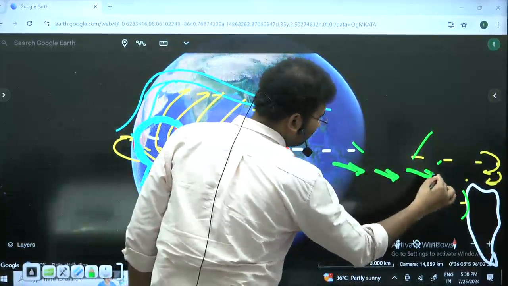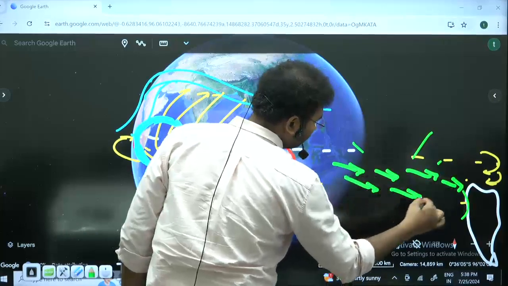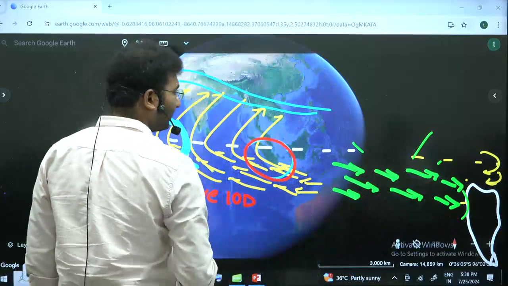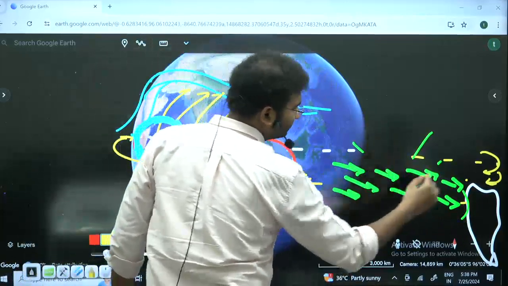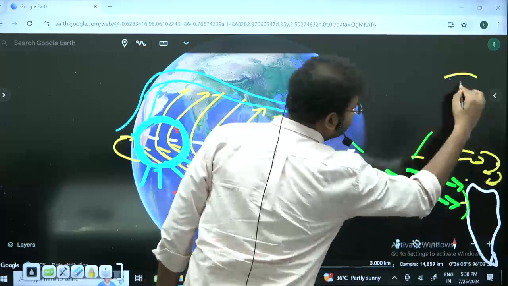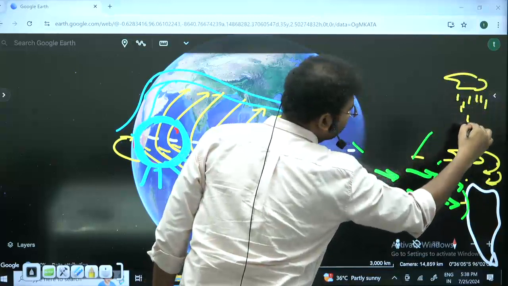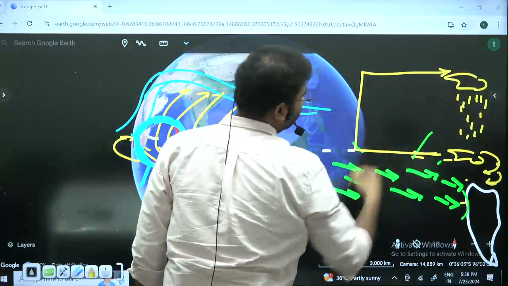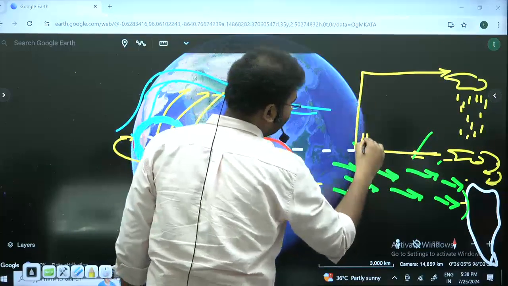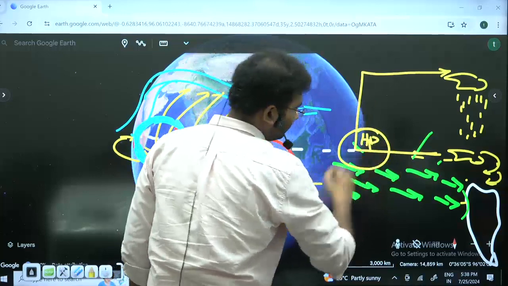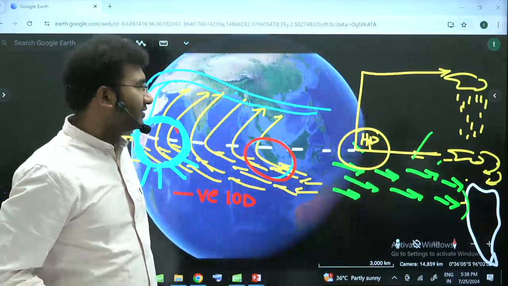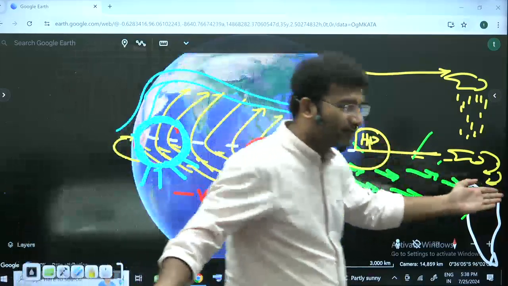This is the El Nino condition, right? So look at the cell. Our cell is like this. Where do you find rainfall? El Nino time periods. This is high pressure across Australia. Yes. So rainfall is here.